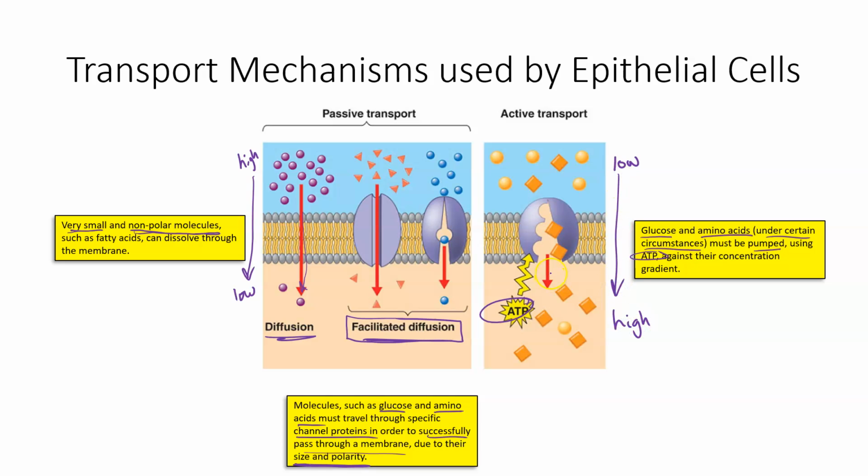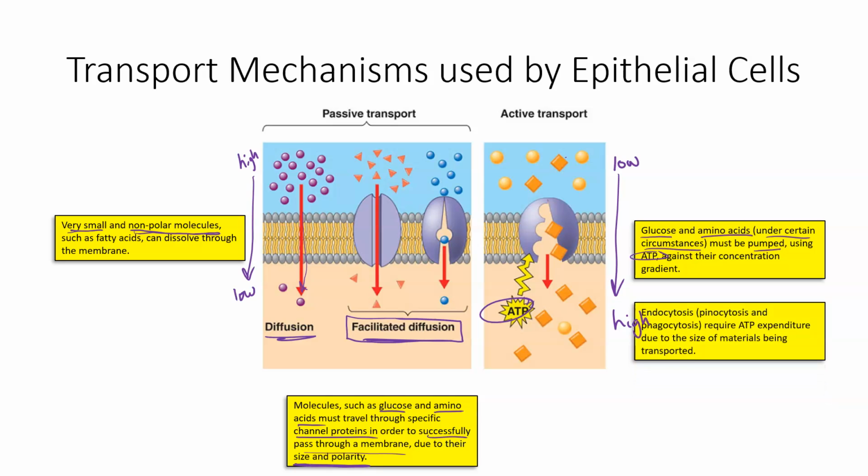Okay, notice the arrow and the solutes that we're following. This is the low side for these particular square solutes. They're being pumped to the high side using energy against their concentration gradient. That would be a form of active transport.